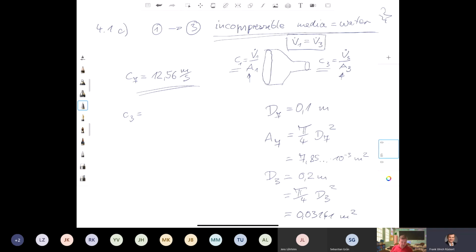Okay. Now let's calculate the volume flow first. We had the volume flow already. Can someone tell me the volume flow? How big was it?